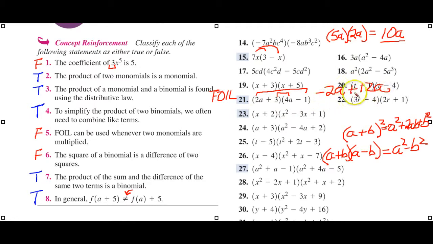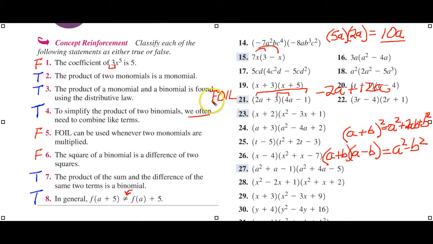So these are like terms, so we have to combine them. Now there are cases when this doesn't occur, but in this case and in most cases, when we're multiplying binomials, that is why this is true. We often, it's not always, but often.